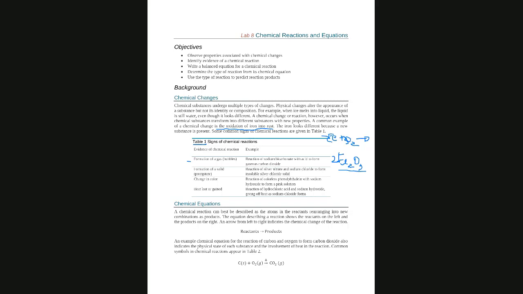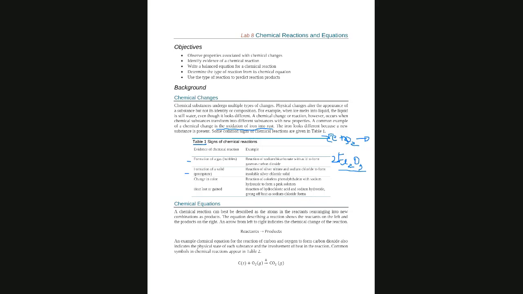The same way the rain falls from the sky, we call it precipitate, right? The same way a solid forms in the beaker when we mix the two solutions. So that's another sign of having a chemical reaction.